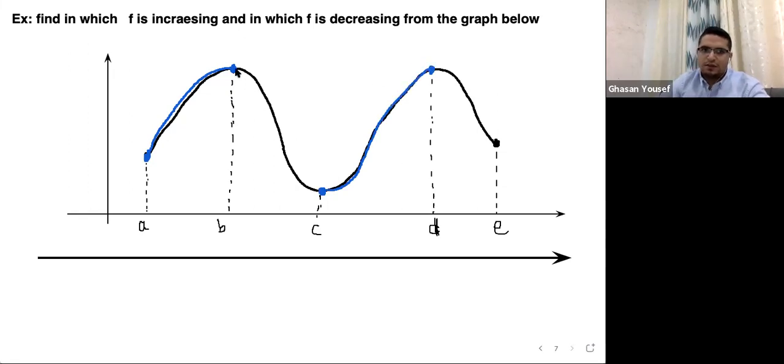But if we look at the decreasing, it goes down from this point, and from this point goes down until this point.